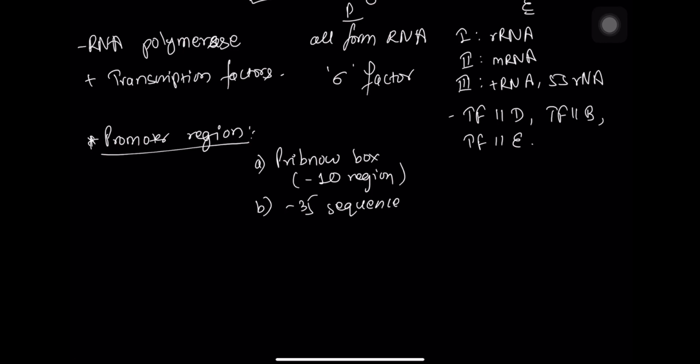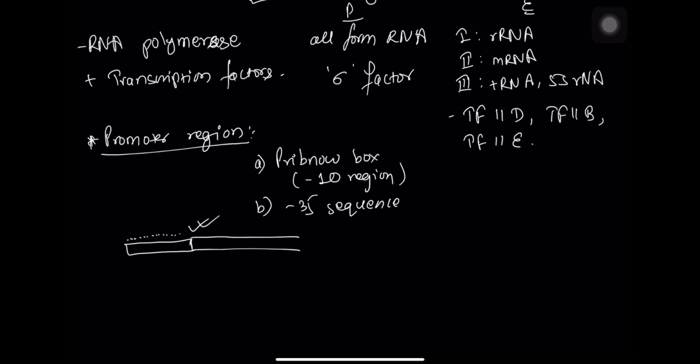What it means is, if this is the promoter site and transcription will start from this point, there are 10 base pairs here, so the name is given as -10 region. Likewise, if there are 35 nucleotides, then it is known as the -35 region.